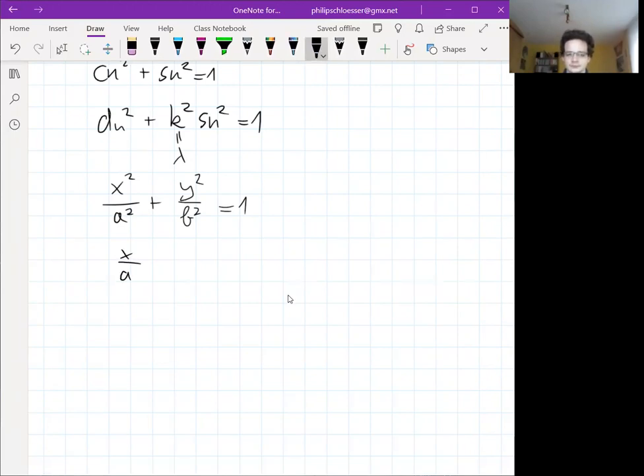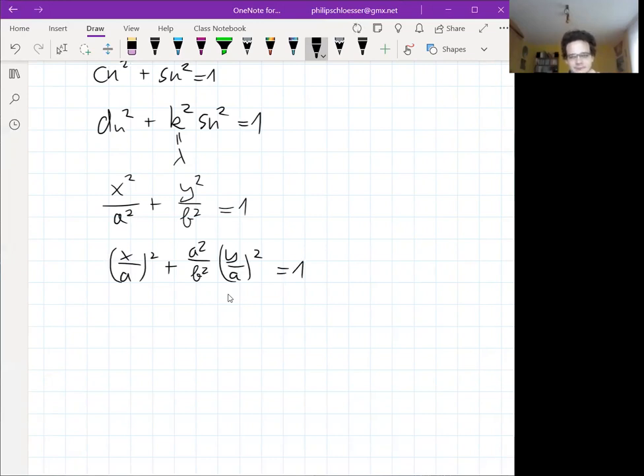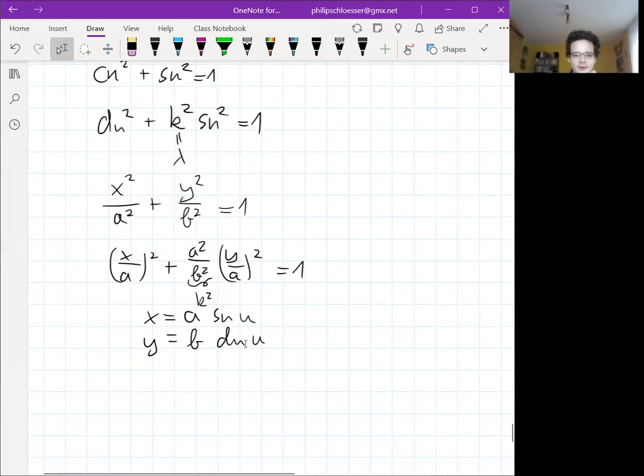This means that (x over a) squared plus (a squared over b squared) times (y over a) squared is equal to 1. So then we can have x equal to a times Sn u, y equal to b times Dn u, where this thing here is our k squared. Y is also scaled with a. Sorry, yeah.